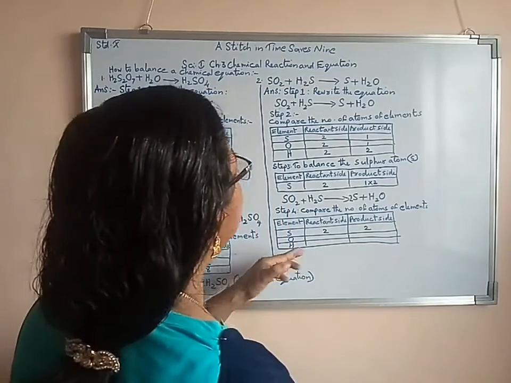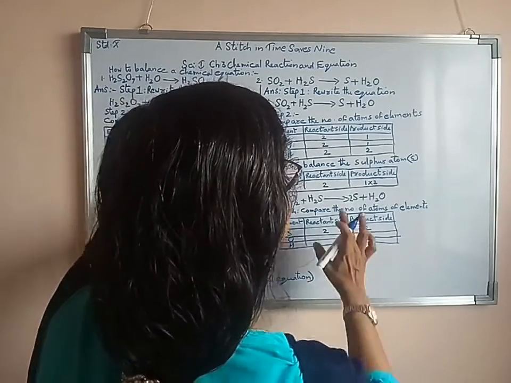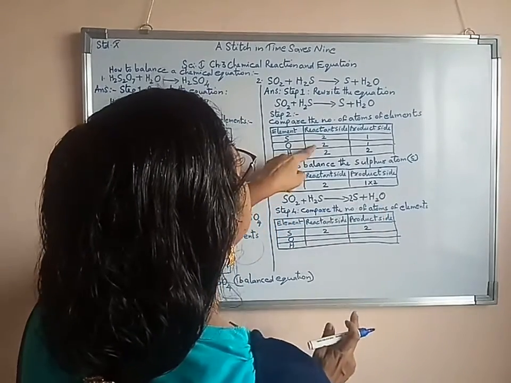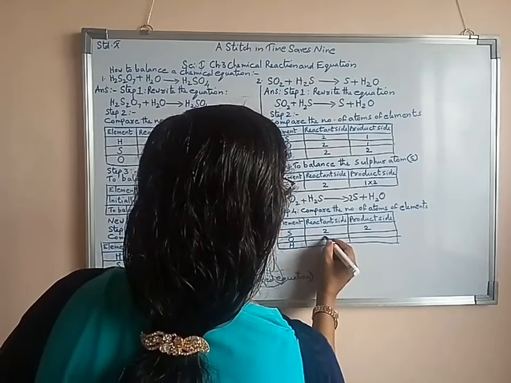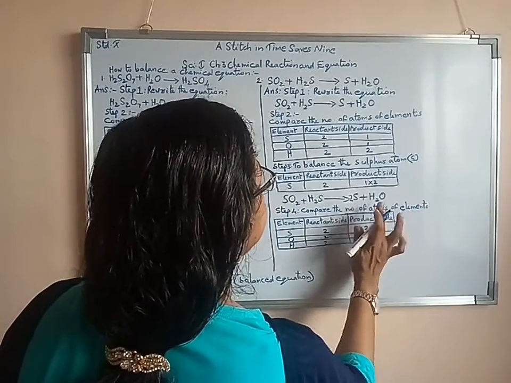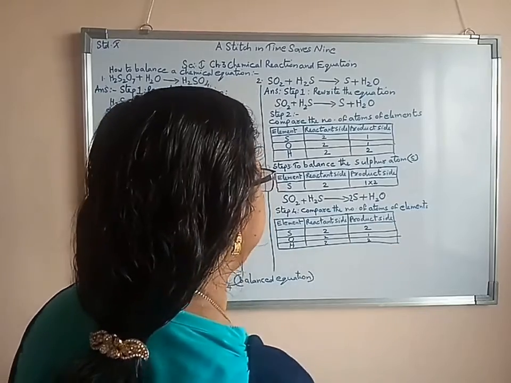Now here we will see oxygen. Oxygen's number we didn't change, only we added here. So oxygen's number here 2, here 1 is there. Hydrogen's number also we didn't touch, so it remains the same.